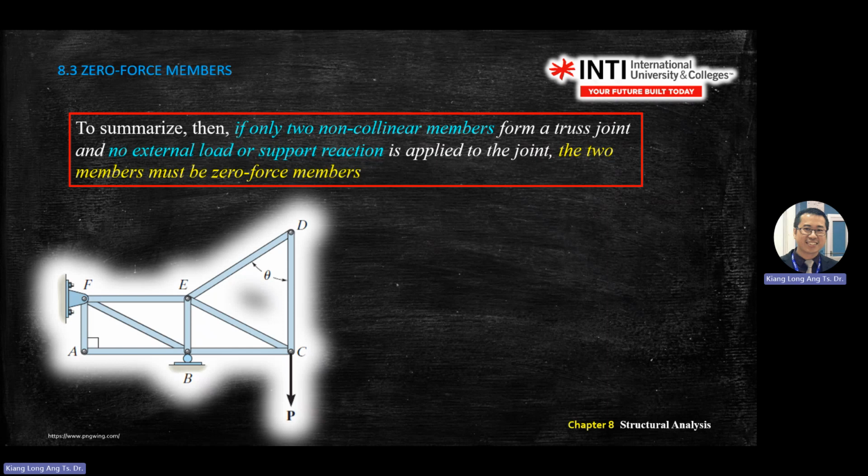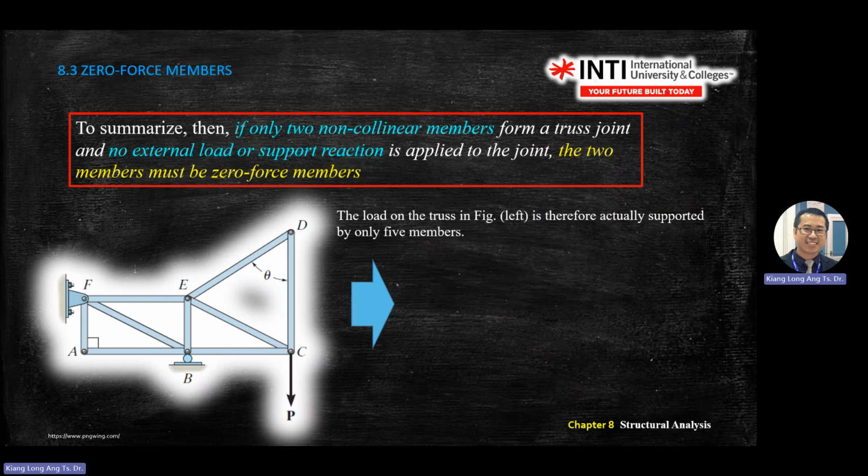Okay, so these are the first guidelines to spot 0 force members. Of course, you can do analysis. If the force equals 0, it means it's a 0 force member. If you want to prove it in mathematics, you do that; if not, you just use these guidelines or this statement to spot where the 0 force member is.